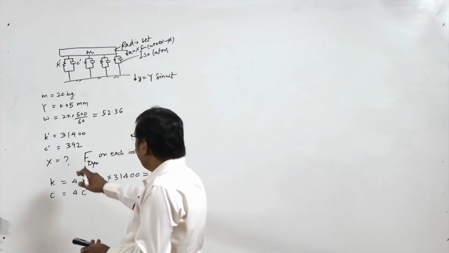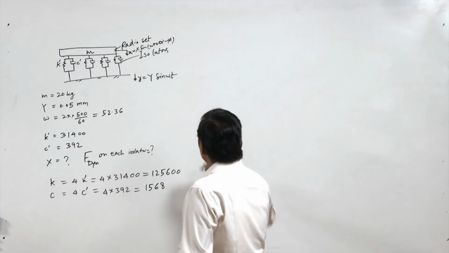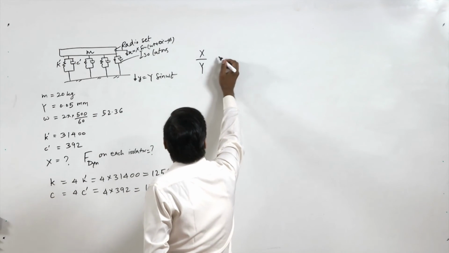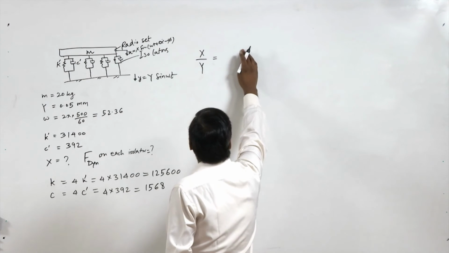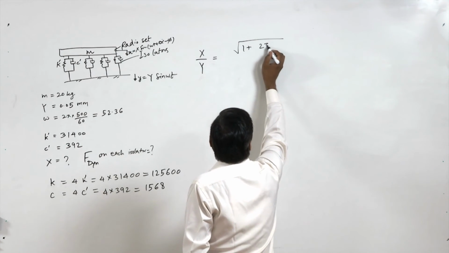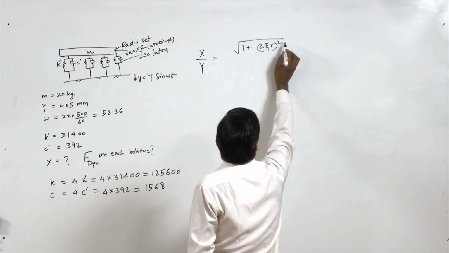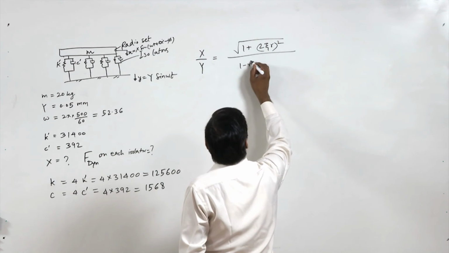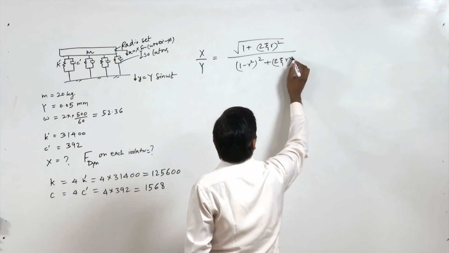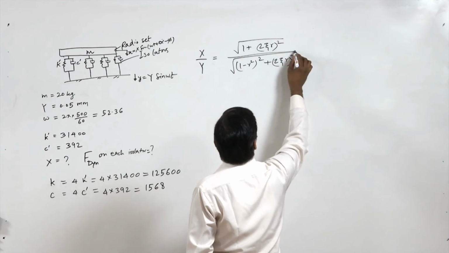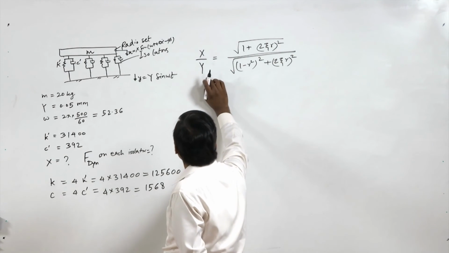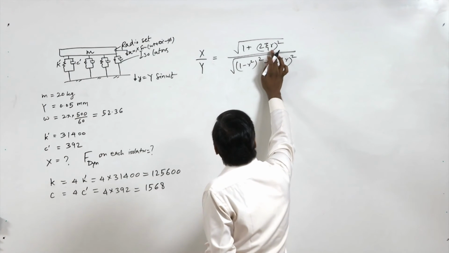So we have to find X. As we have already derived today, this relation X by Y equal to root of 1 plus (2 zeta r) whole square upon (1 minus r square) whole square plus (2 zeta r) whole square, under root. So to find X, and we know Y, we have to find zeta and r.